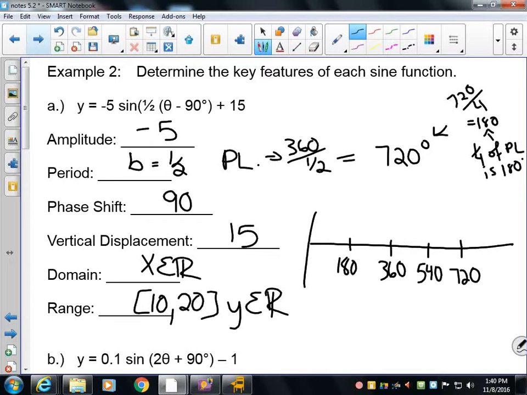Okay? But we're shifting 90. So what are the important ones for us? 90, 270, 450, 630, and 810. Those are the good numbers that we need, because those are the numbers we're going to land on.